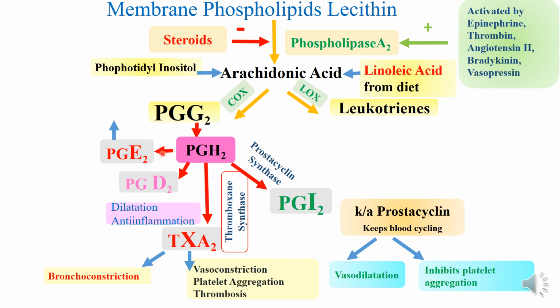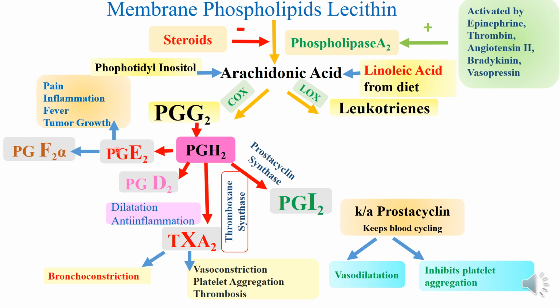PGE2 is also derived from PGH2. So as you can see, PGH2 is the central molecule from which all prostaglandins and thromboxanes are derived. Now PGE2, here E is enlarged, so E stands for fever, inflammation, pain and tumor growth.